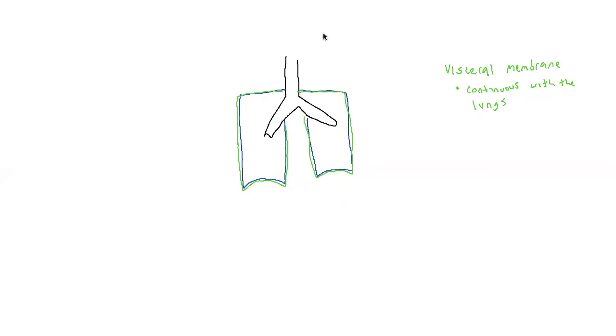And I'm just going to draw here in black the walls of the thorax, like so. Right now we have a space between the lungs and the thoracic wall. That can't really be the case.